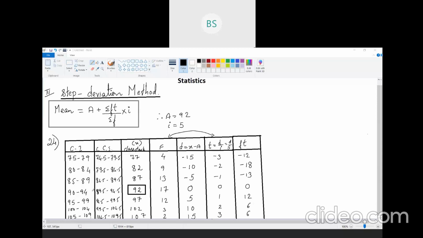Okay. So once we do this, we have to find sigma ft and sigma f. Now sigma f will be the sum of frequencies in column f, that is 60. So sigma f is 60, and you have to find sigma ft.